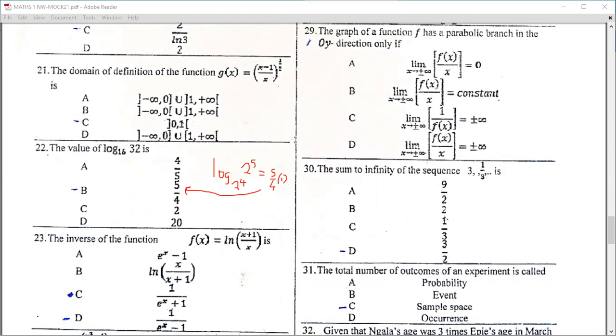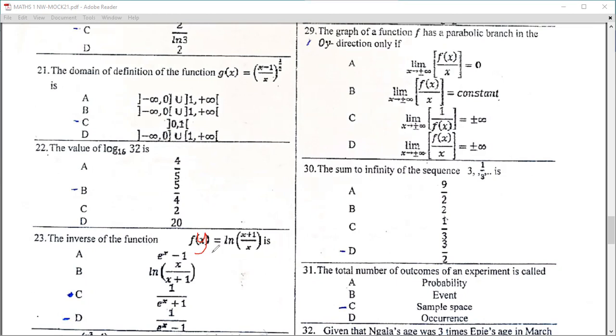Question 23. The inverse of this function is... To find the inverse of this function, they just want us to solve for x. Whenever I talk about the inverse of a function, just solve for x. So here, let this f of x be equal to y. If we solve for x now, we start by taking e to the power on both sides.